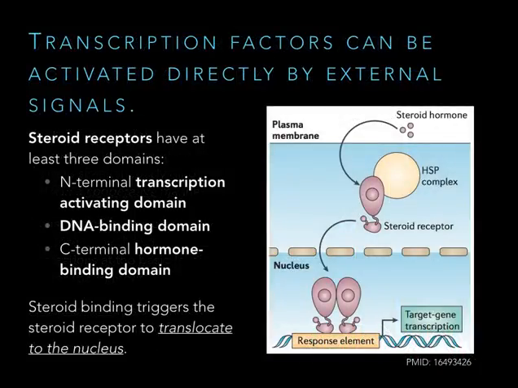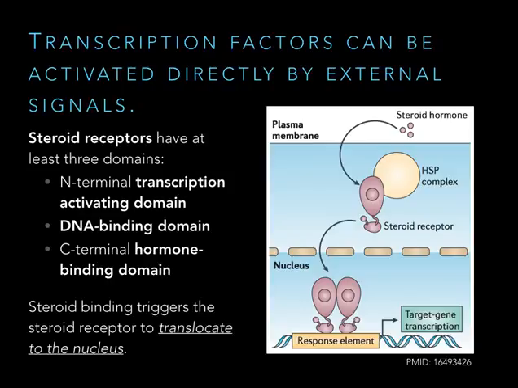Sometimes there isn't any need for phosphorylation. Transcription factors can simply be activated by external signals, like hormones. So steroid receptors usually have multiple domains. There's the transcriptional activating domain, there's a DNA binding domain, and then there's a hormone binding domain.